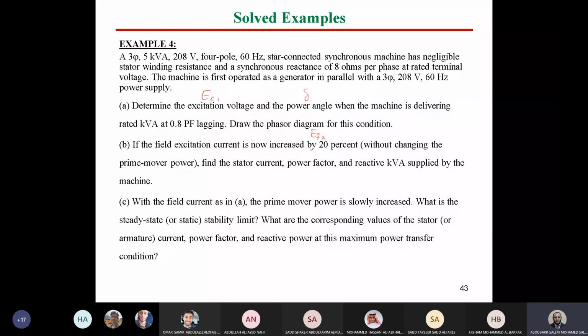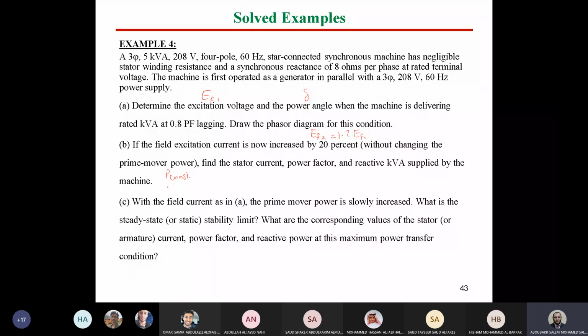So we can say EF2 equals 1.2 multiplied by EF1. Is that right? Without changing the prime mover power, which means the power P is constant, find the stator current and power factor, and reactive kVA supplied by the machine.